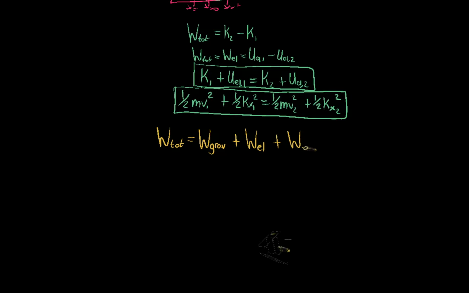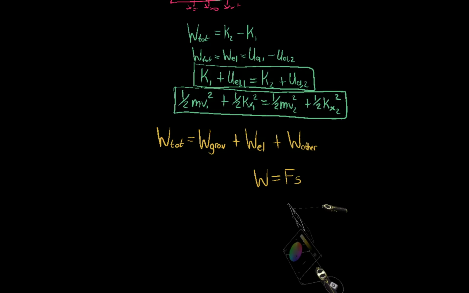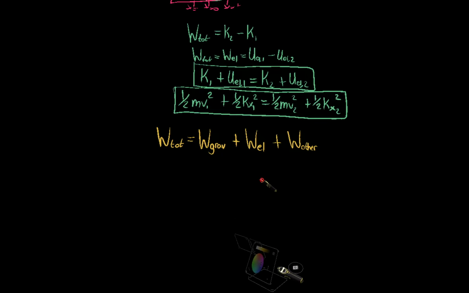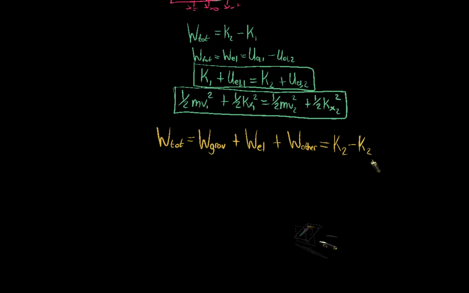We were thinking friction. There could be other things also. Work is just anything that exerts a force in the direction of motion, force through some displacement. So it could be friction, or it could be you pushing on a block. All of that is going to be equal to the difference in kinetic energy. That's the work energy theorem.